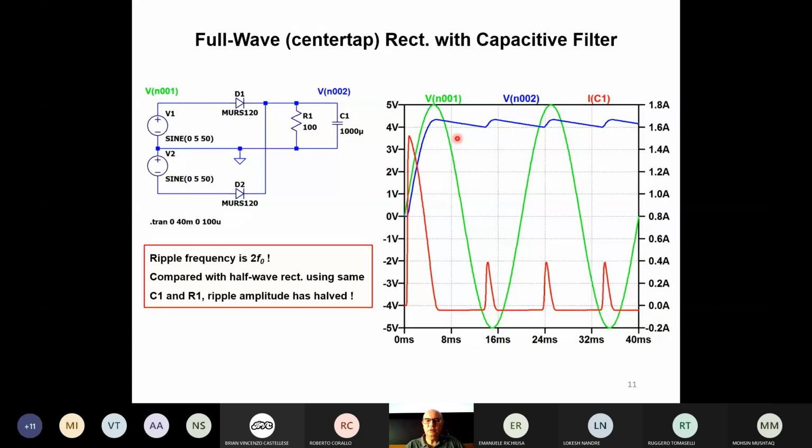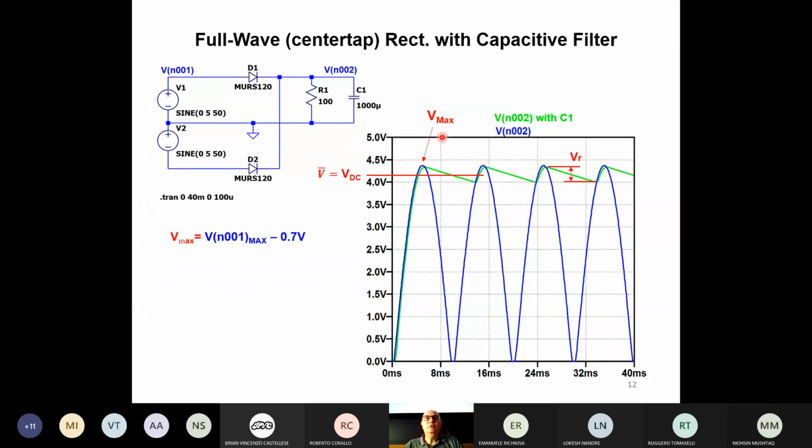Okay, so I can try to connect all those concepts in some formulas. We consider again the previous drawing, and what we do is remove the capacitor.